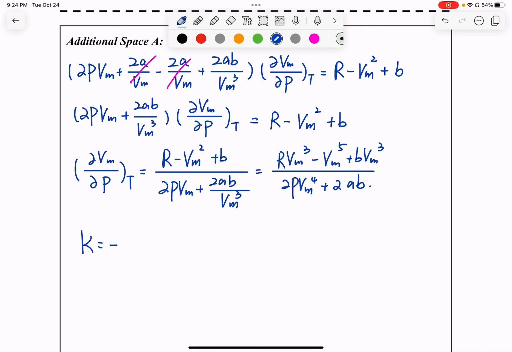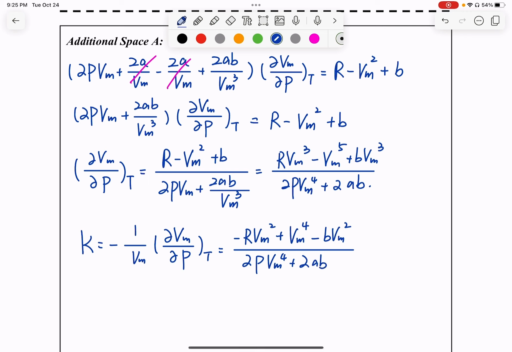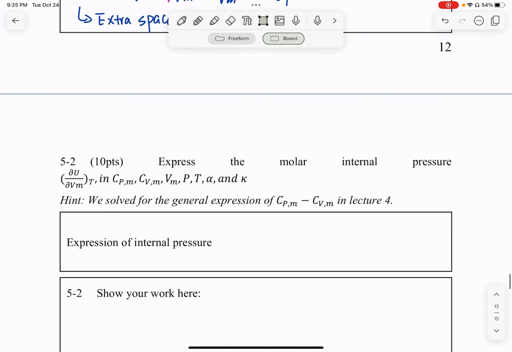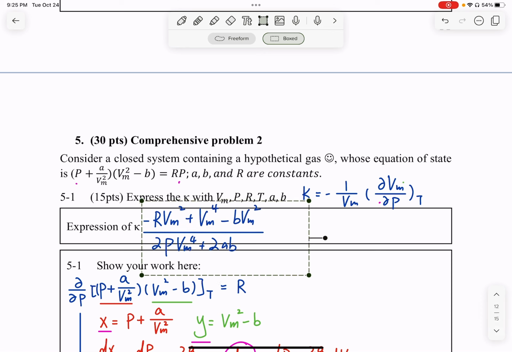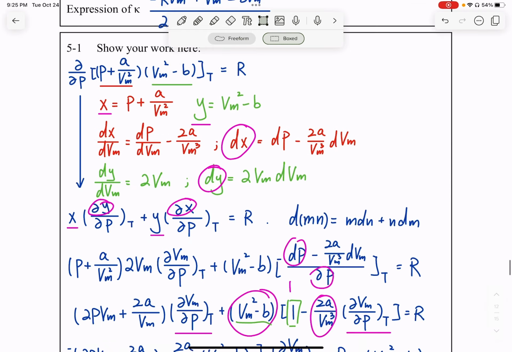And chi equals negative 1 over Vm times the partial derivative of Vm over p at constant T, and that gives us negative R Vm squared plus Vm fourth minus b Vm squared. On the bottom, everything stays the same. All right, and let's just copy this up. Okay, so that's our most challenging problem.